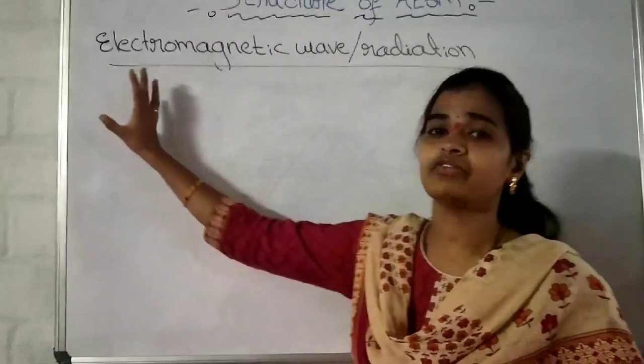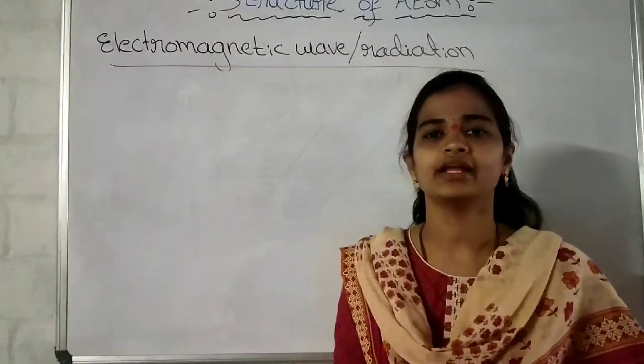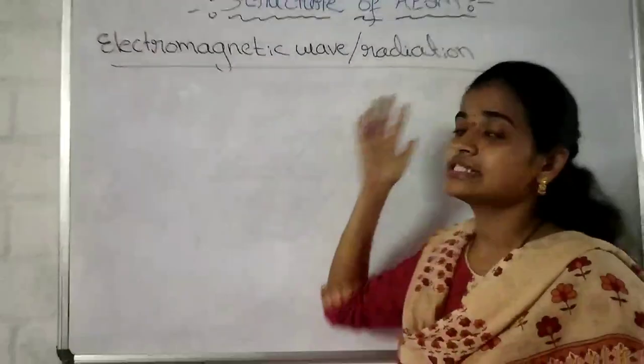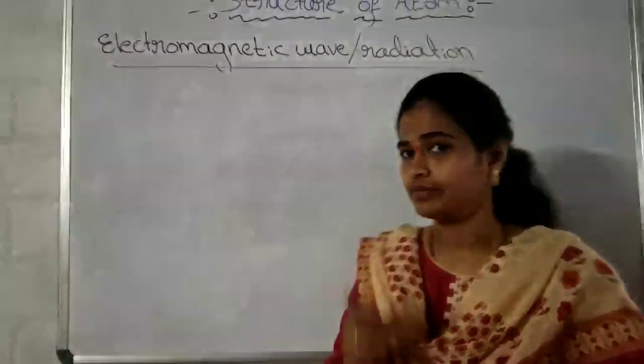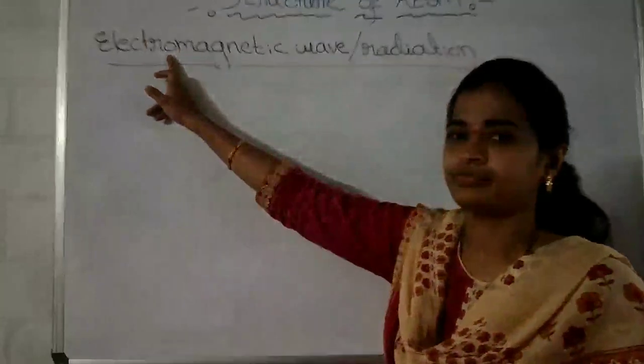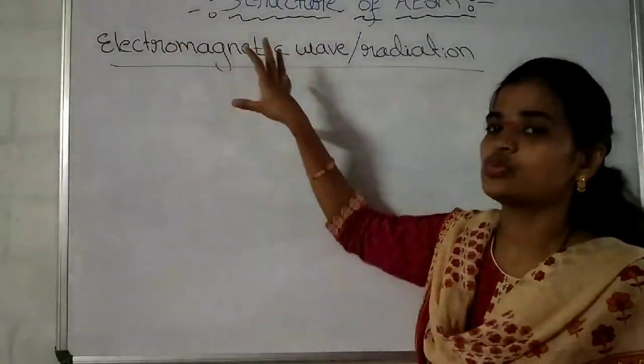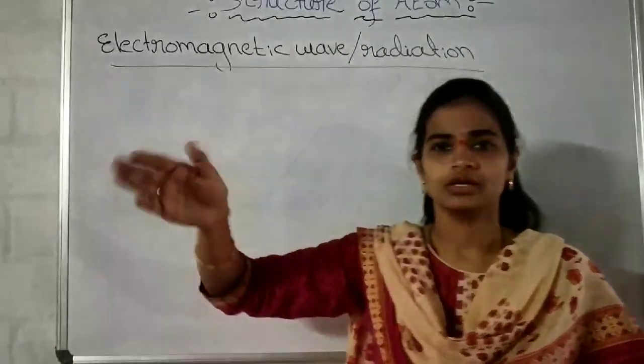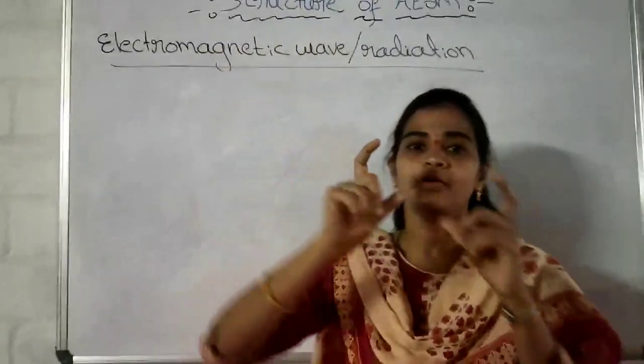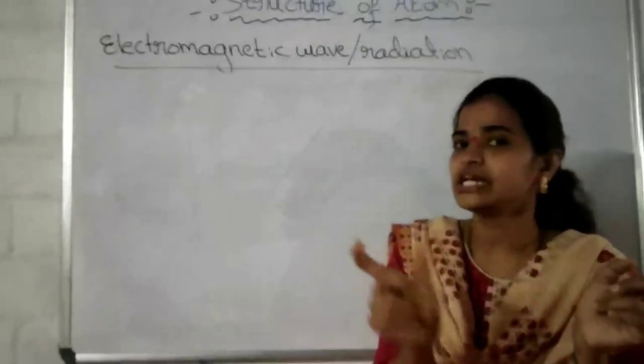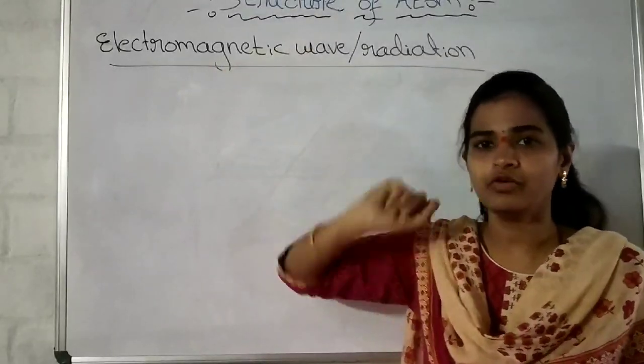Before that we have to understand what is electromagnetic wave or electromagnetic radiation. This word is made up of two different words, electric and magnetic, electromagnetic wave.